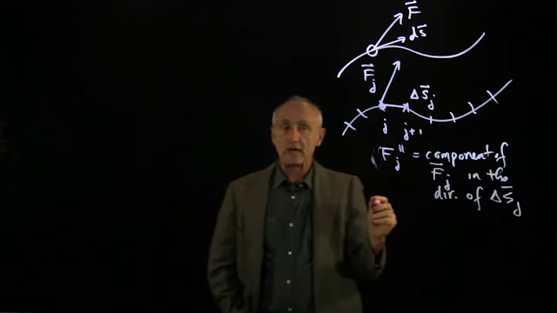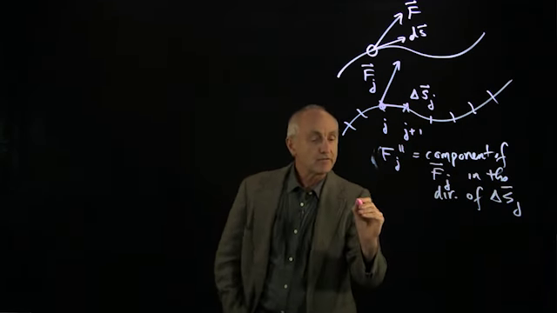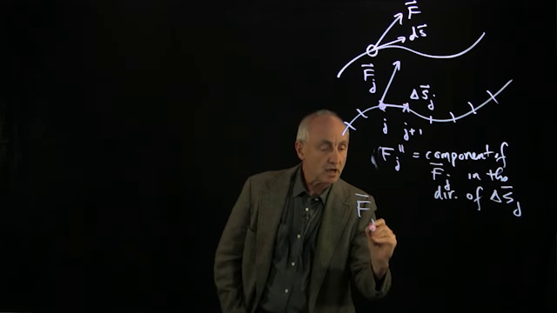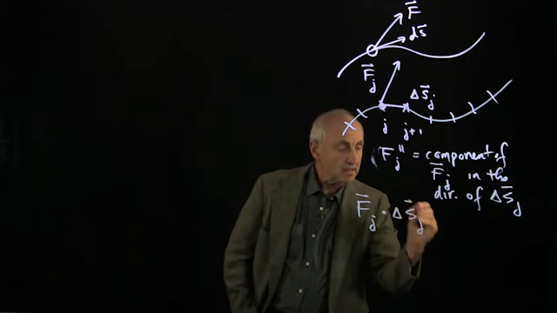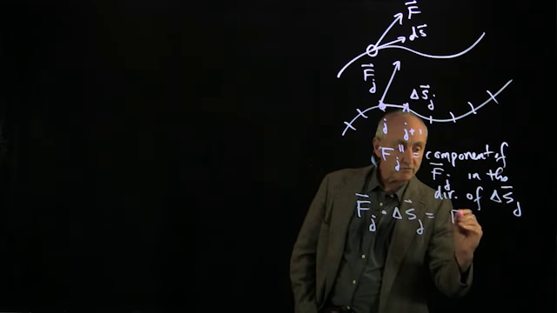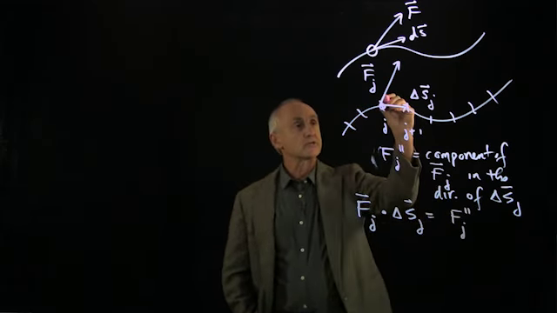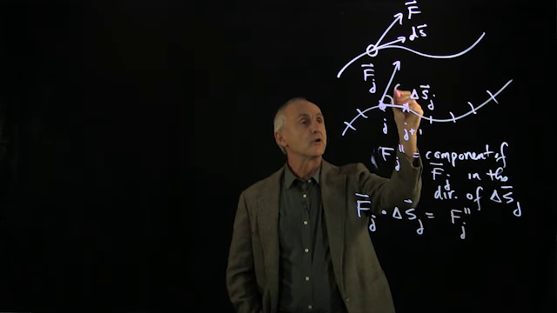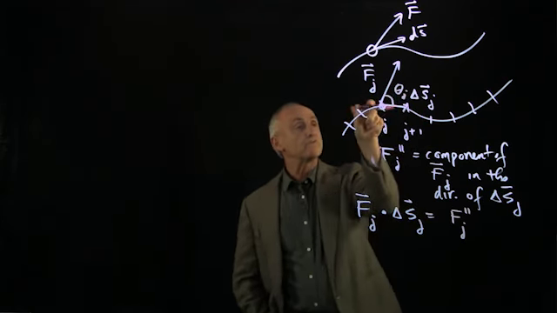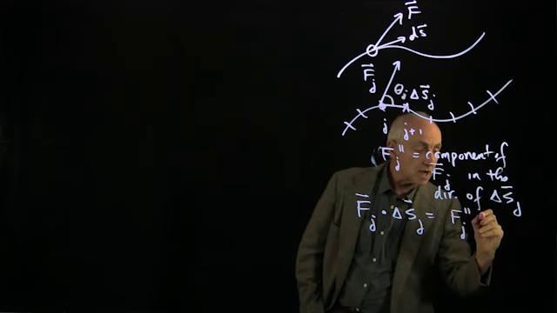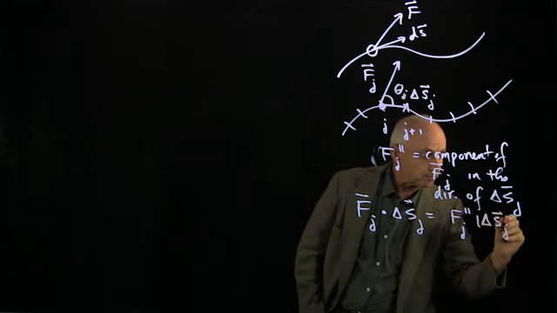Now, the way we denote that is we can take the dot product of fj dot delta sj, this is the component of the force in the direction of the motion, because remember our dot product, if we call this angle theta j, is taking how much of one vector is in the direction of the other times the magnitude of that displacement.